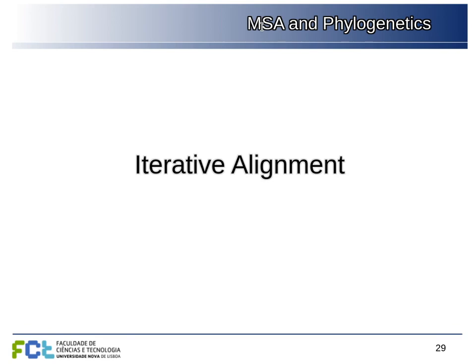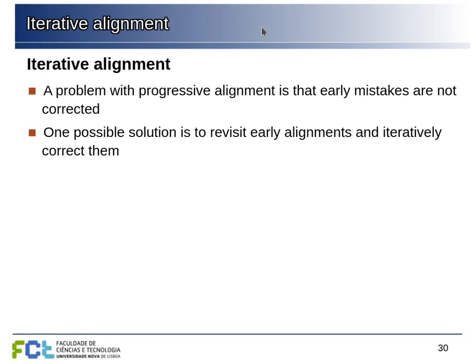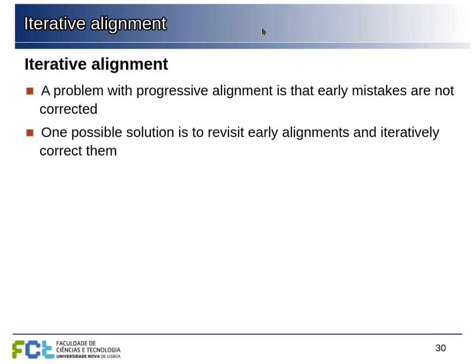Another approach to multiple sequence alignment is to iterate the alignments to try to fix any possible mistakes we made in the first progressive alignment. So progressive alignment can be fast, but if we make mistakes early on in this process, they are not corrected, and so we keep accumulating mistakes as we are aligning more and more sequences.